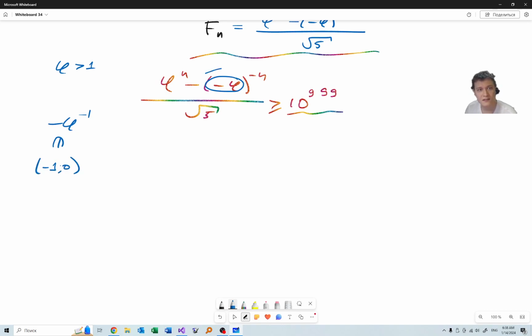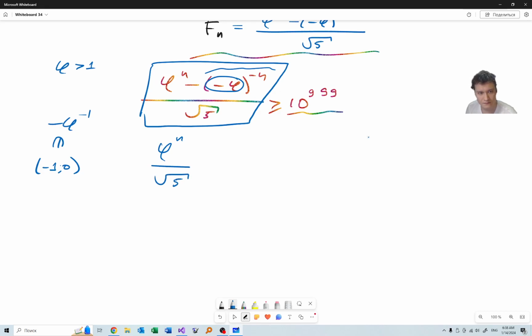This means that this thing exponentially goes to 0. It is an exponentially small number. That means that actually this is really near phi to the n over square root of 5, because the second addend is really small. It usually doesn't matter at all.